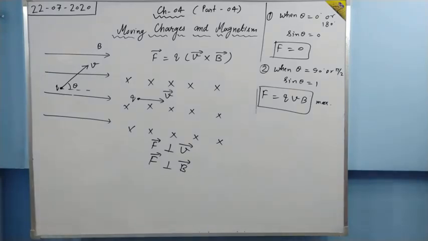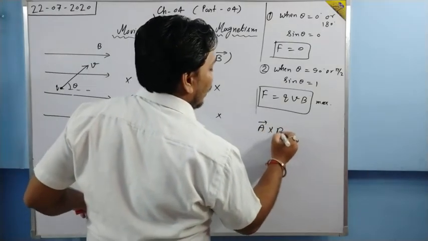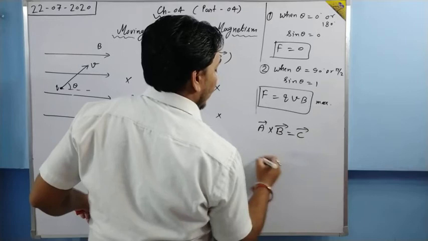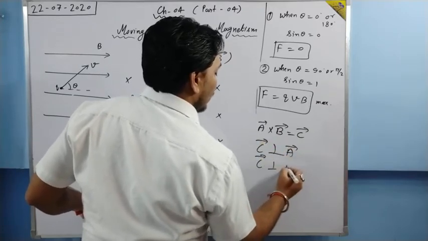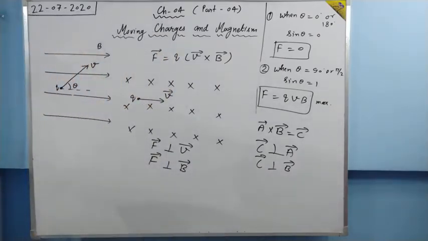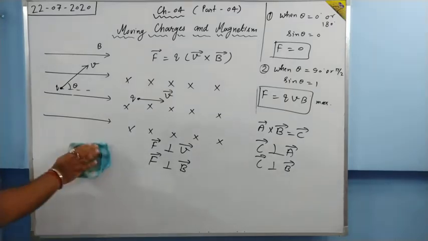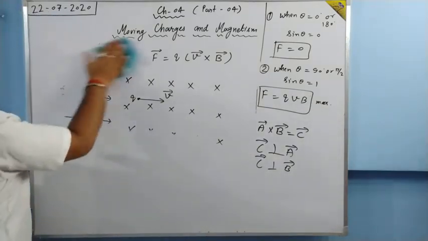If A vector cross B vector is equal to C vector, so basically C vector is perpendicular to A as well as C vector is perpendicular to B also. It is the same, right? So this is how the direction of force is determined when the charge is moving in a magnetic field.